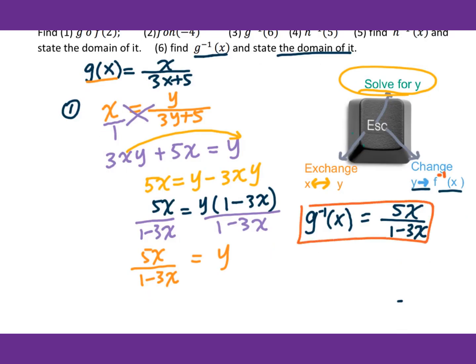Then we need to figure out the domain of that. For this rational function domain, we make the denominator not equal to 0. Therefore, x not equal to 1 over 3. This will be the domain of this inverse function.